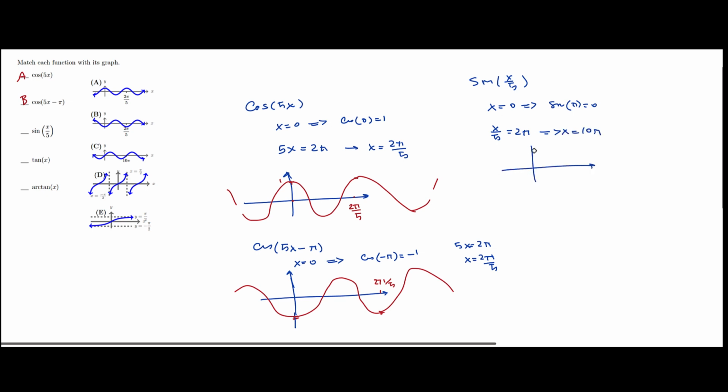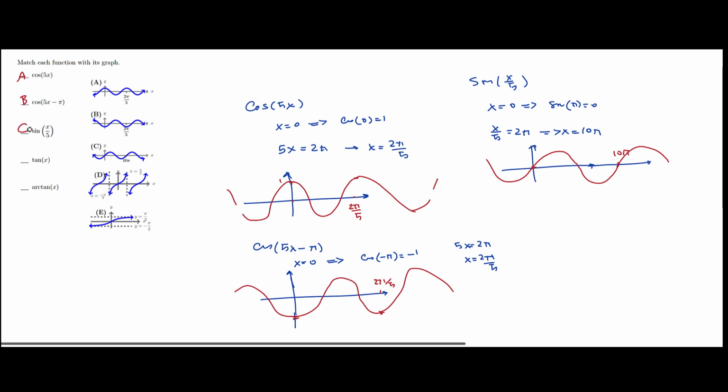So I'll start again from 0, and this time around I'm going to go up, down, back up again, and this should be 10 pi. And it repeats in the other parts. And that would be actually C.